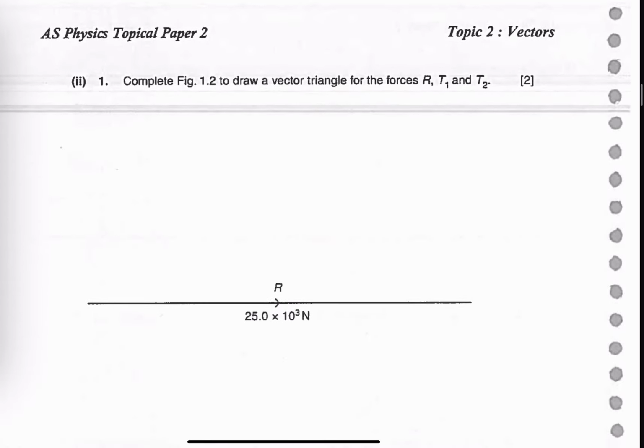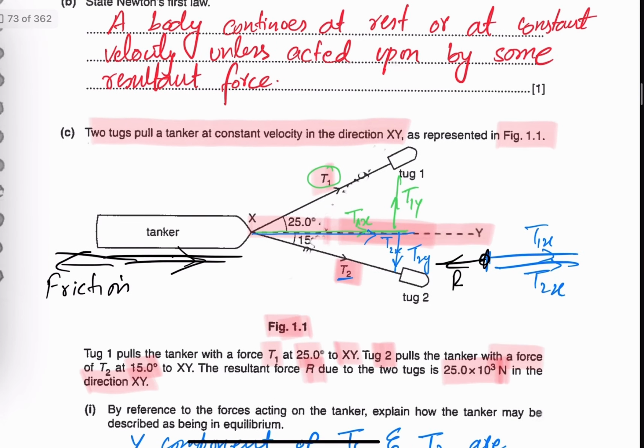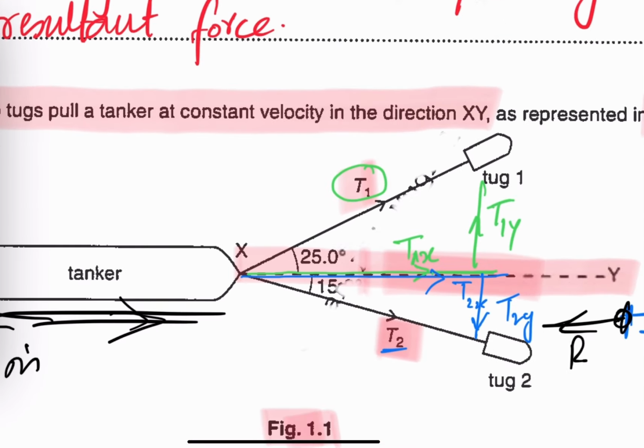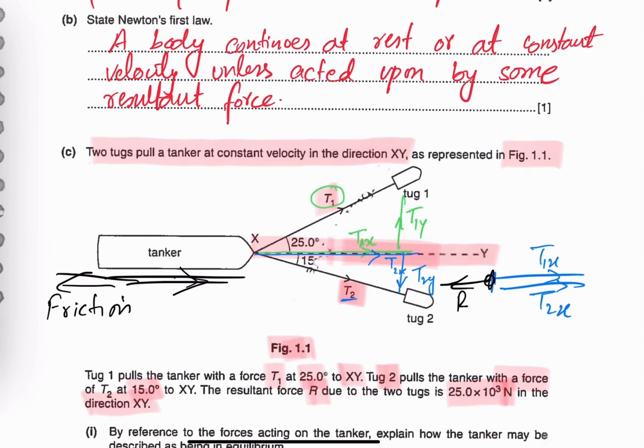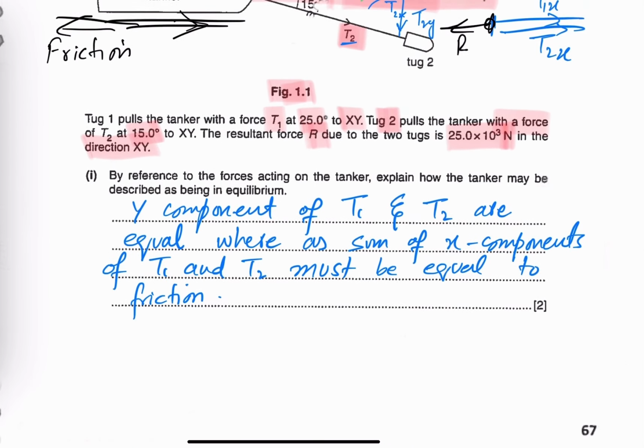Okay, in the next part we have to complete figure 1.2 to draw a vector triangle for the forces R, T1 and T2. Okay, R is given, you have to draw T1 and T2. Looking at the figure, we have T1, its angle is 25 degrees. Is its magnitude given?